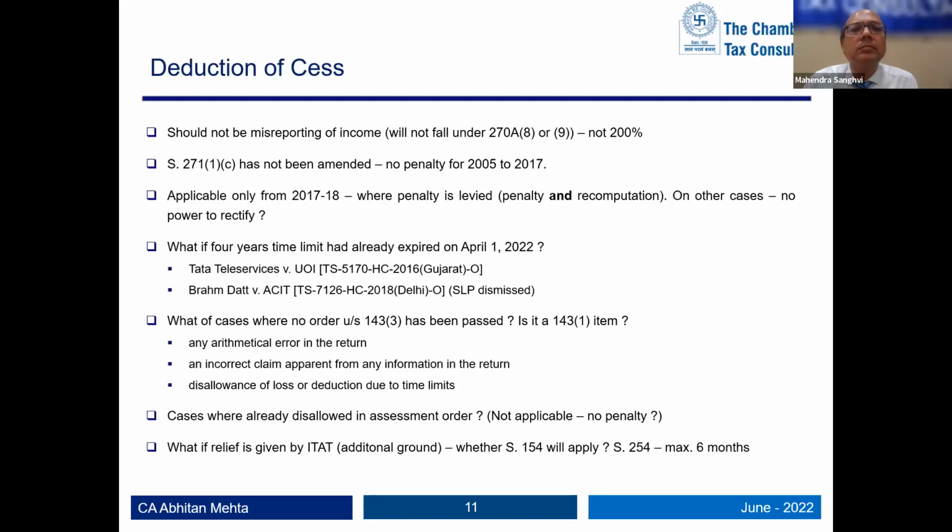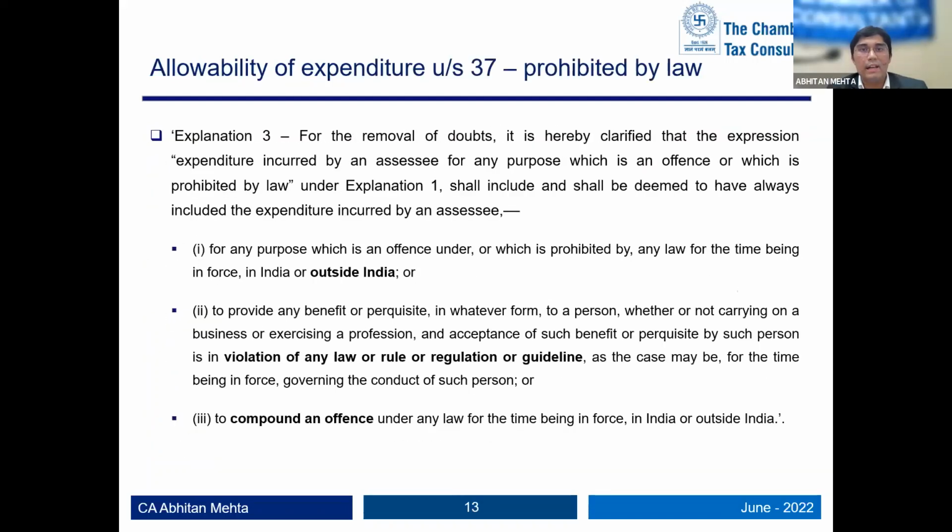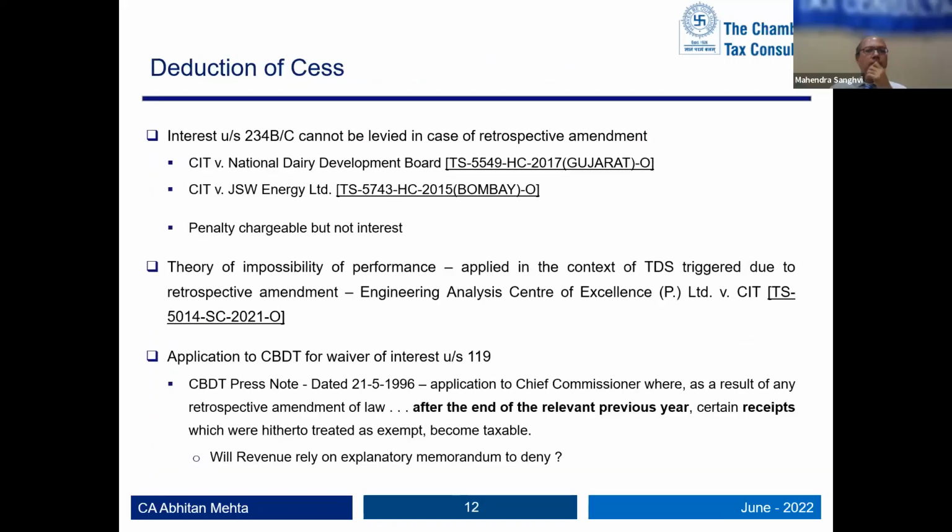But there again, the time period is only 6 months. So if the department doesn't file an application of rectification within 6 months from the date of the order, I don't know, subject to condonation of delay, technically 254 is a non-starter. So this is broadly the analysis on education cess.